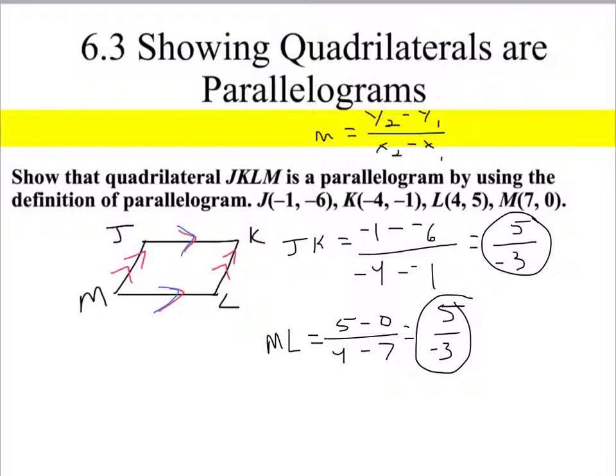I need to follow that same system with JM and KL. So I have JM, which is going to be -6 minus 0 all over -1 minus 7. -6 minus 0 is going to be -6 all over -1 minus 7, which is -8.